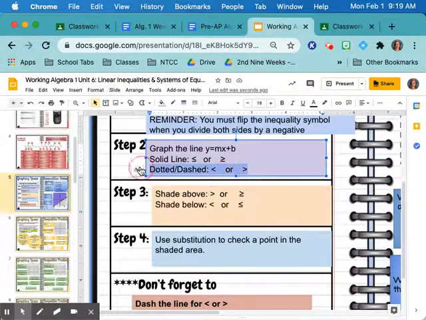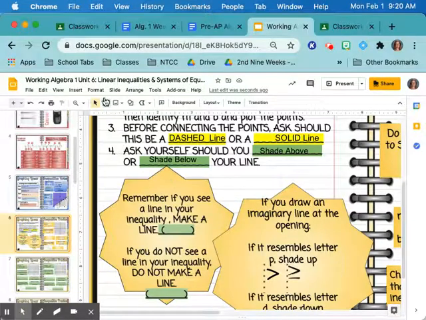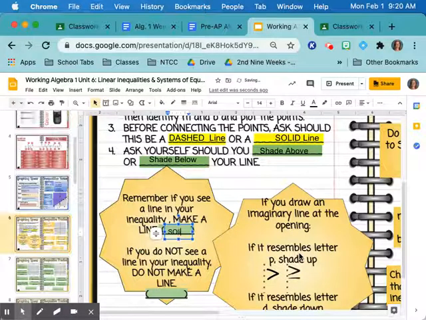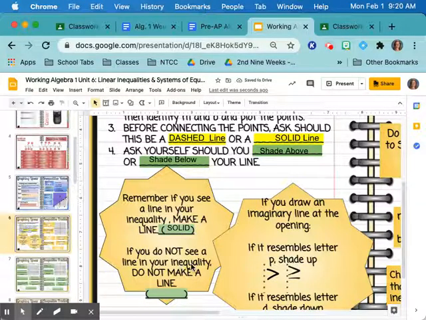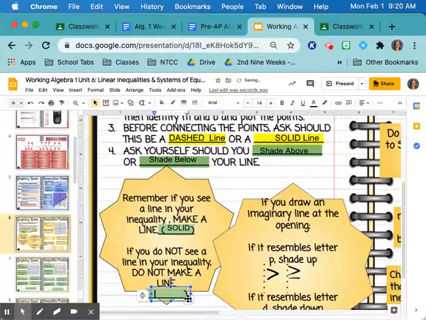If it doesn't have a line, then it's dashed. And if you don't see a line in your inequality, do not make a line. That means you're going to make it dashed. So don't make a full line, make a dashed line.